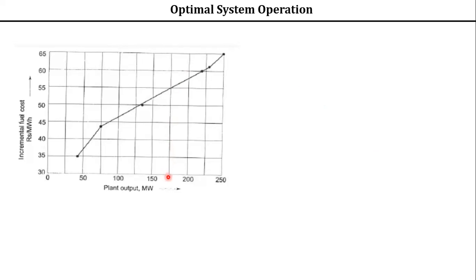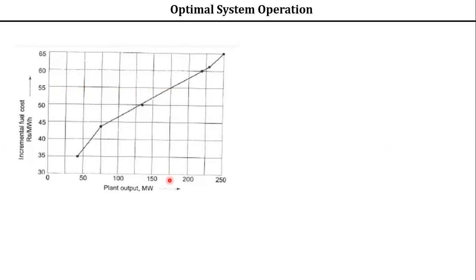Now you see, this is 175. At 175 megawatt, total plant output is 175 megawatt, what is the value of lambda? 55.